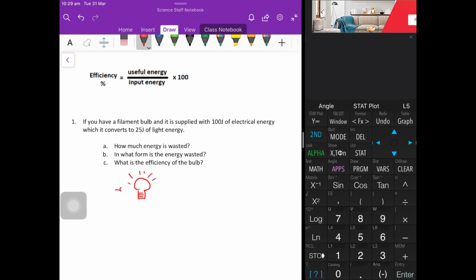And 100 joules of energy is being put into our light bulb, but only 25 joules is being produced as light energy. And you might think to yourself, okay, well, where's the rest of it going? Well, we can probably work out by going 100 joules minus 25 joules, that there would be 75 joules of wasted energy.